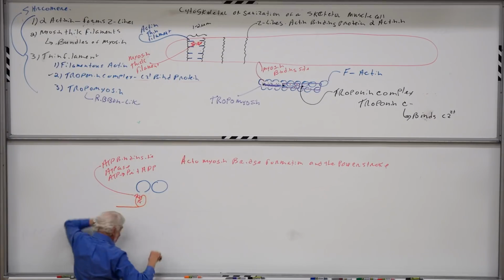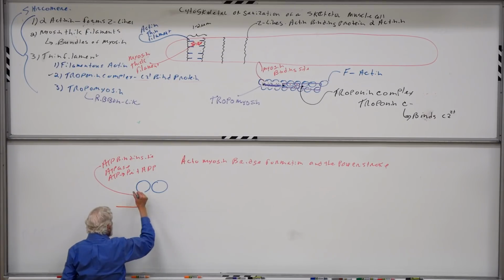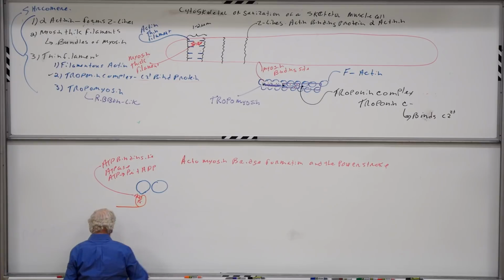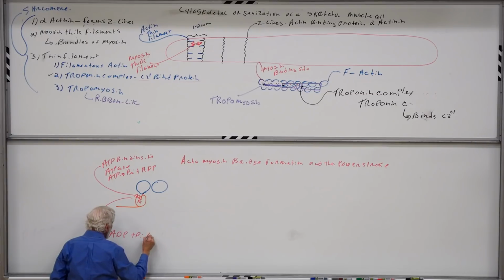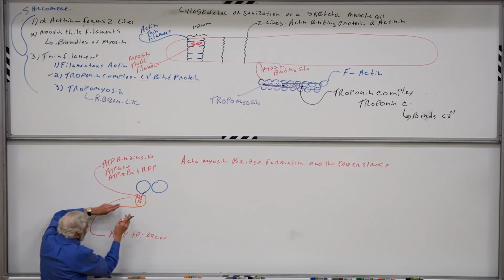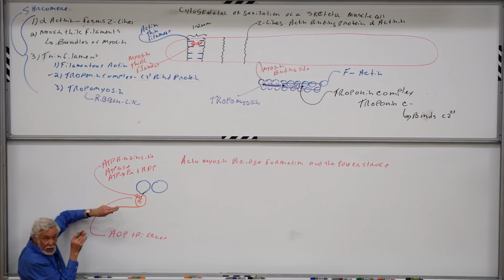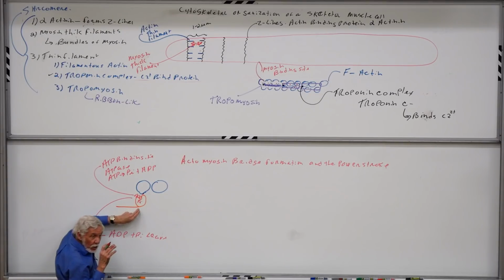When the site is now bound to the actin, at that point the ADP and Pi leave. When the ADP and Pi leave, this leads to a change in the configuration of the myosin head.